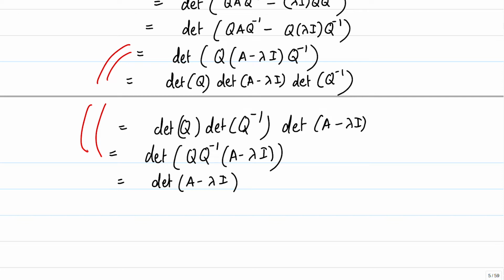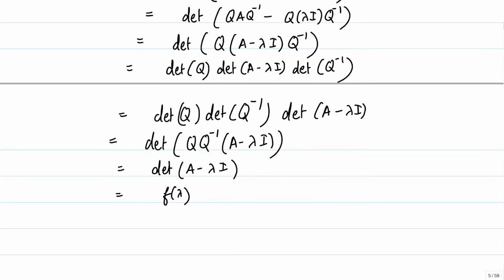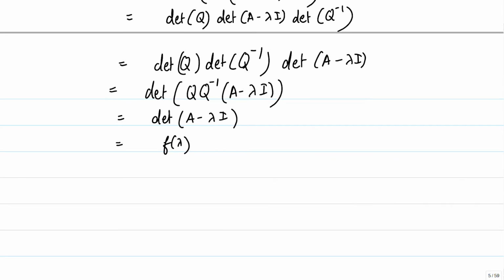So we cannot directly write the equality that was just pointed out. We have to go through this roundabout way to finally get to this, and the final thing that we wrote is nothing but f of lambda, which is the determinant of A minus lambda I, the characteristic polynomial of A.